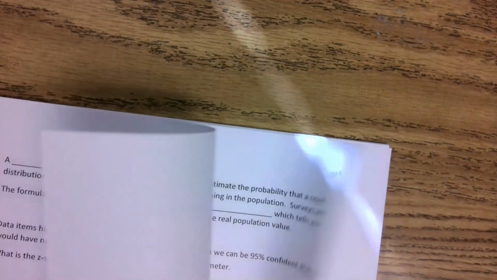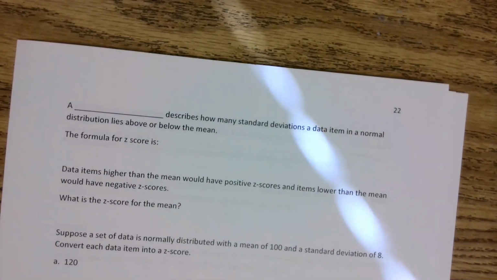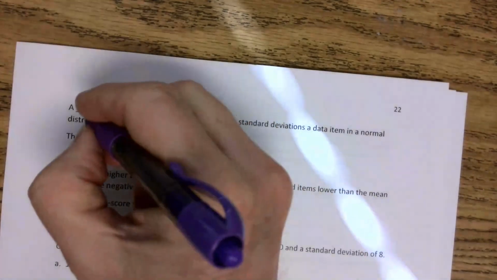Okay, so is this the last page? No, no, no, we have 3 more. We have time for it. This is so easy. This is the z-score, which we've already introduced.